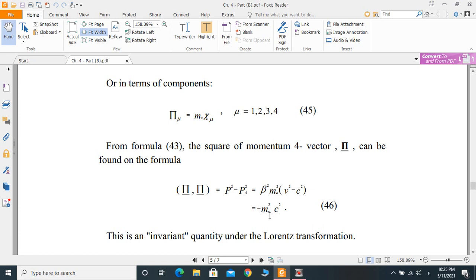This quantity is an invariant quantity under the Lorentz transformation.